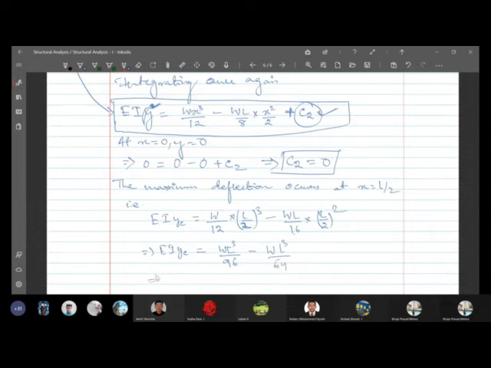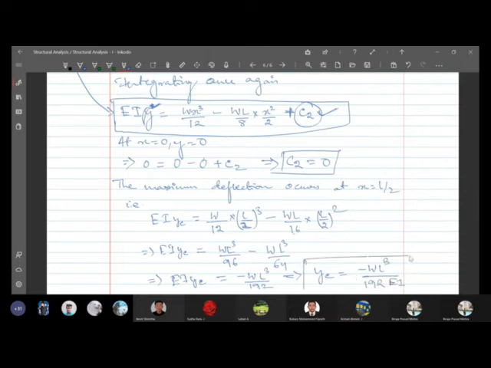So this implies EI YC equals minus WL cube divided by 192. Okay, so I can write YC equals minus WL cube by 192 EI.